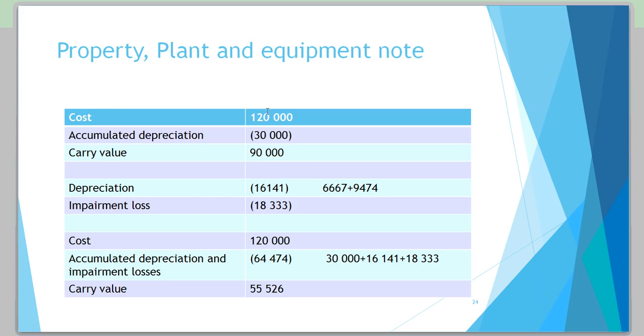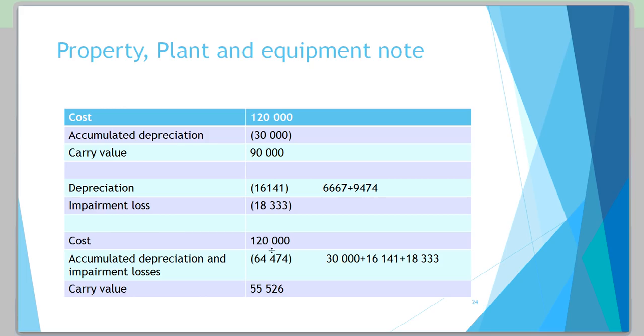So I've also created for you a PPE note just to show what the note should look like. So at the beginning, we have information that was provided to us. We have 120,000 less 30,000 gives us a carrying value of 90,000. Then we had the depreciation. There we add the depreciation up till April and then up till year end. And also our impairment loss that we've recognized is also booked here now under the movements, and it's deducted.